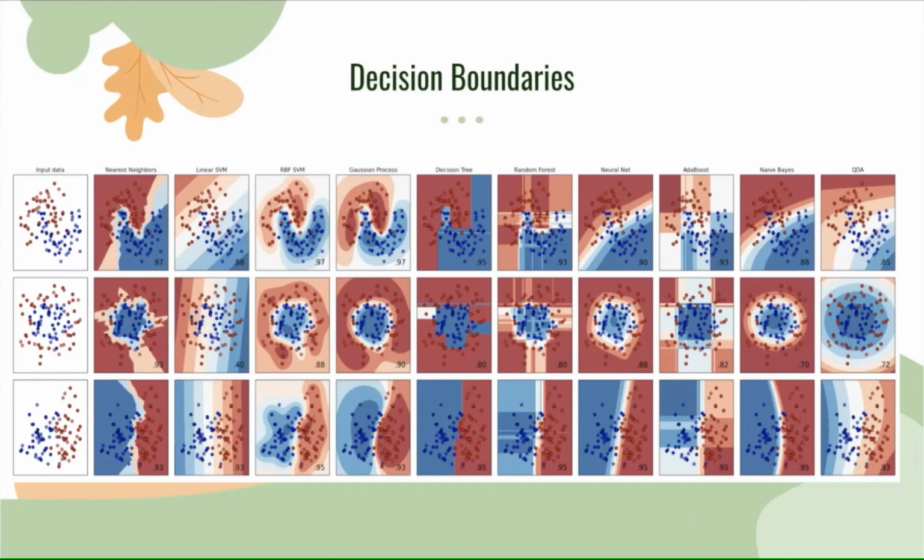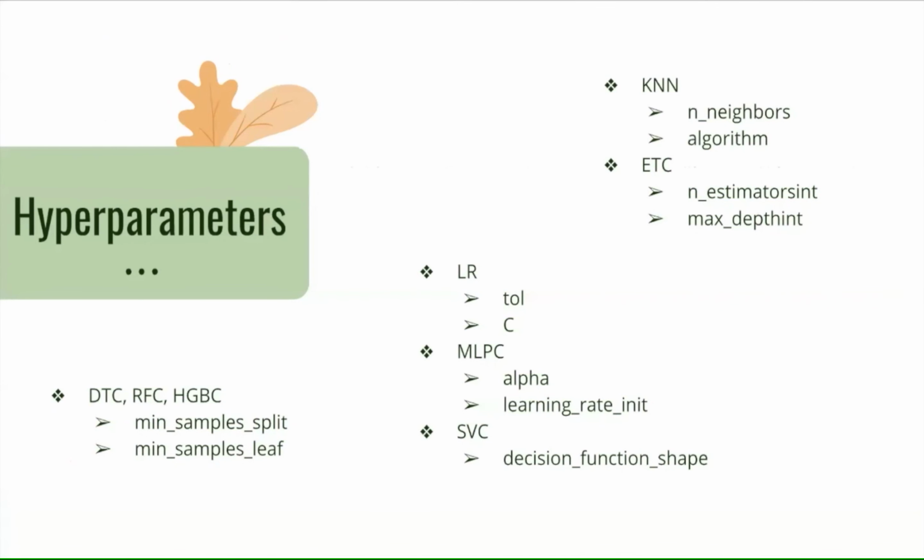The data are divided in curved regions by nearest neighbors, and circular regions in RBF SVM and Gaussian process, and in squared regions in decision trees and AdaBoost. So from each type, we chose some classifiers to experiment with and to fine-tune hyperparameters for: decision tree, random forest, and hist gradient boosting classifier.